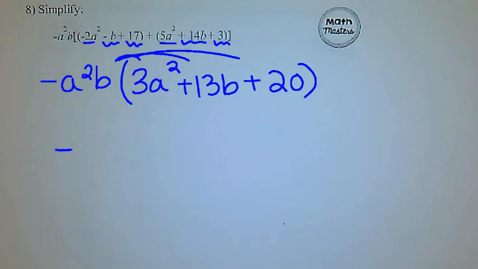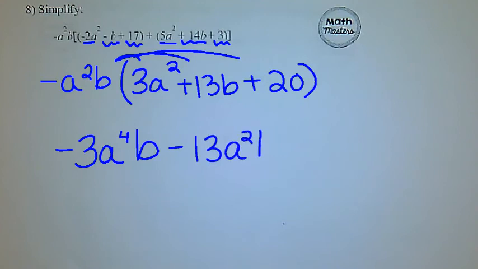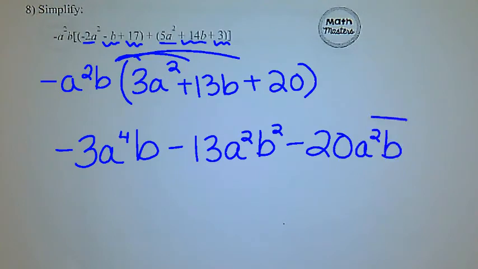Okay, so be careful with your exponents and your variables. So a squared times a squared is a to the 4th b. Then I get a negative 13a squared b squared, and then a negative 20a squared b.